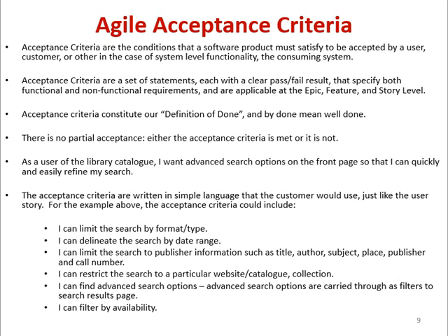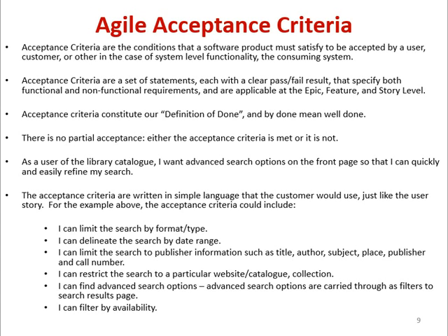Once you have the definition of done, then Agile Acceptance Criteria is another condition that a software product must satisfy to be accepted by a user. Acceptance criteria is given by the end user or the customer, or in the case of system level functionality, the consuming system.